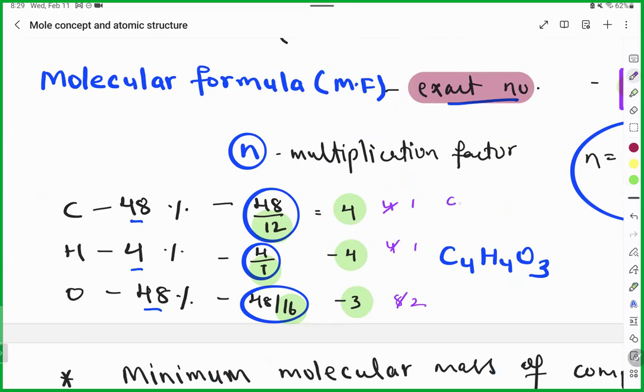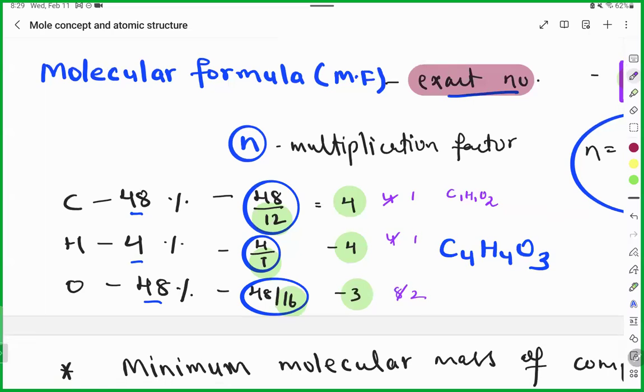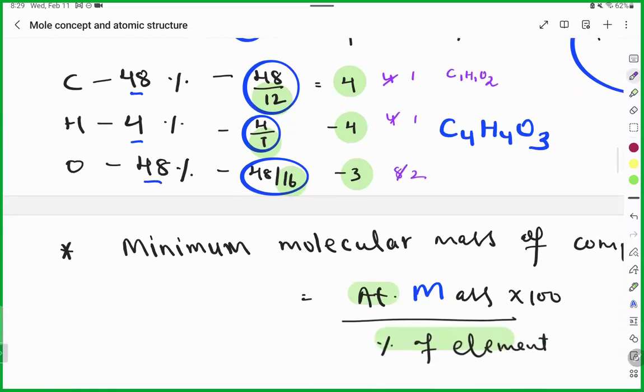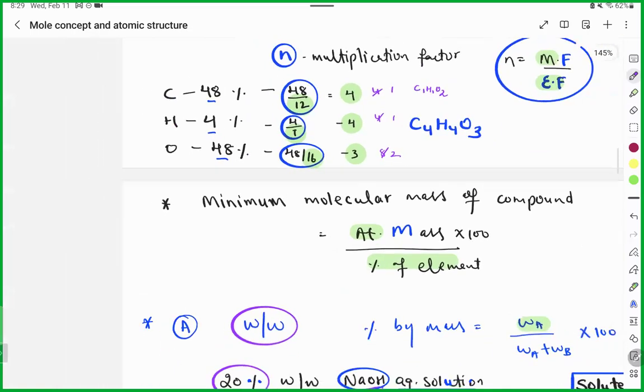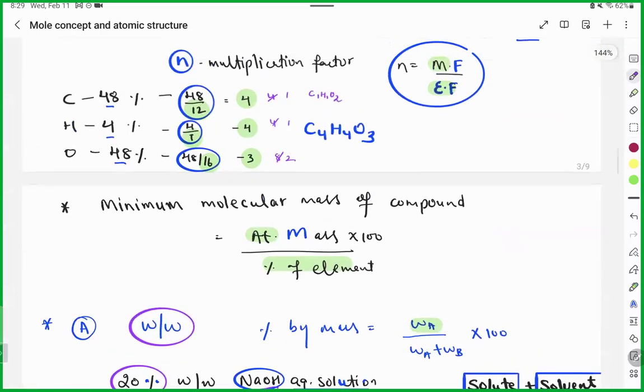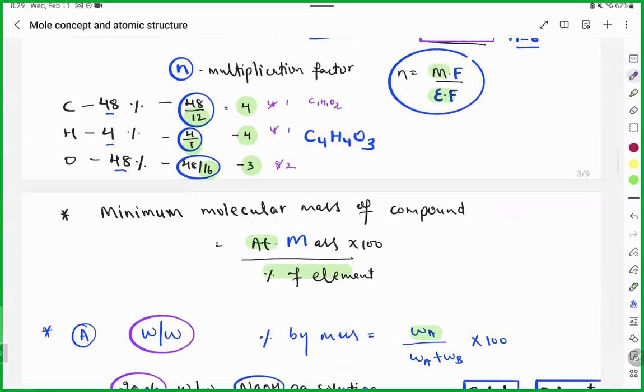In that situation, it will be C1H1O2. It will be like that. Understood, guys? Any doubt? No, sir.